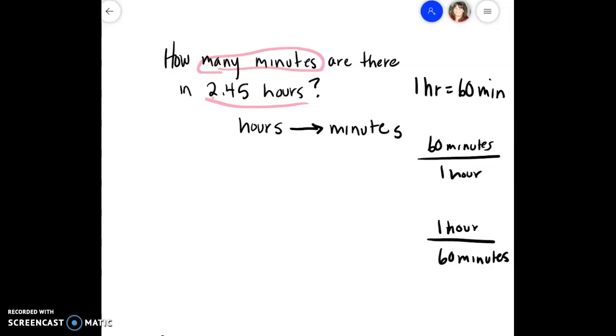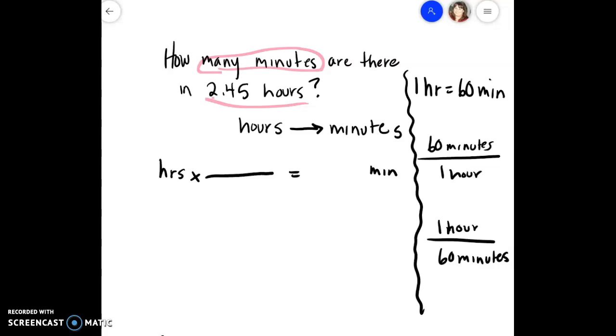It depends where I'm headed. So in this problem, I am going from hours to minutes. So I'm going to start with hours and multiply it by something in order to get to minutes. I have to fill in the blanks here now.